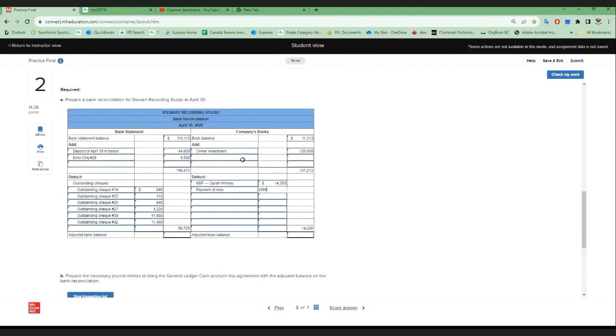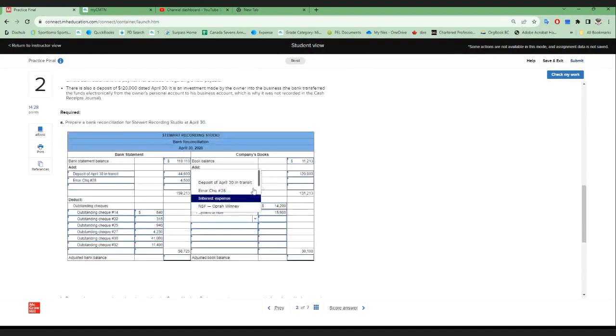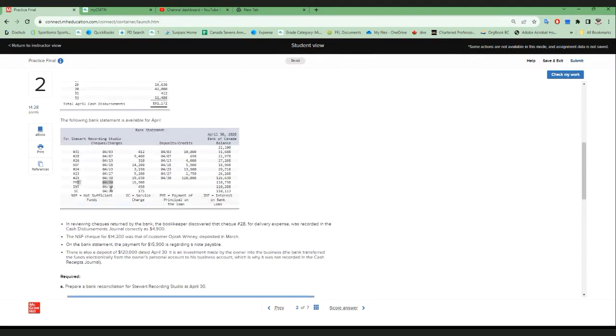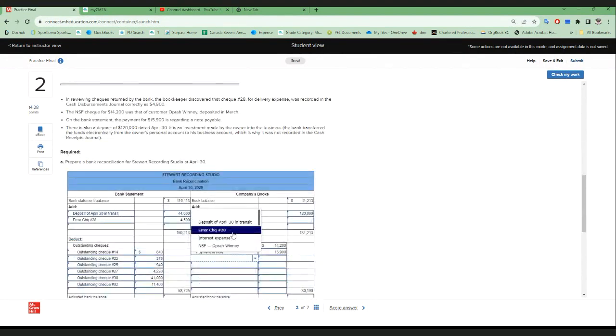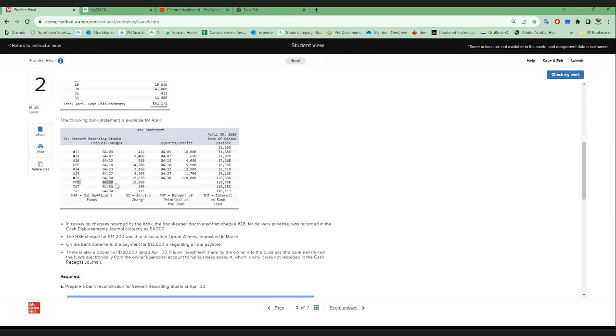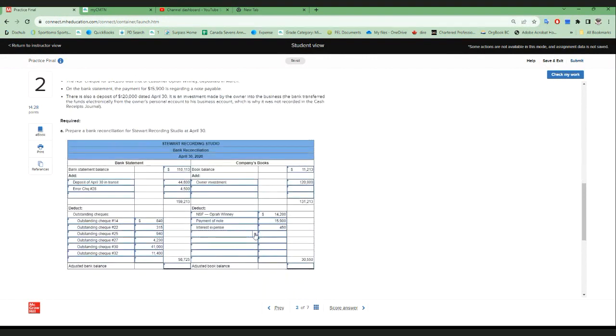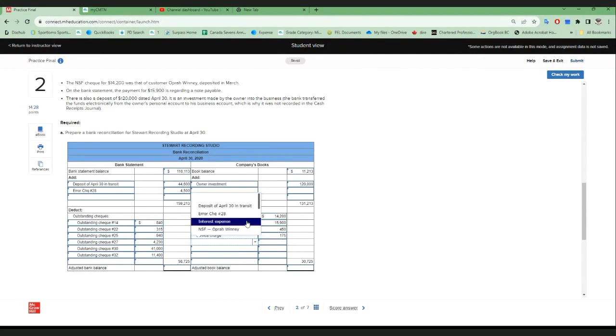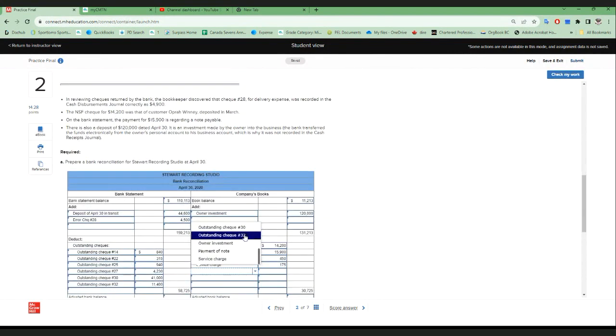And we've got service charge of 175. All there. 159. So I guess it wants us to do this math ourselves.